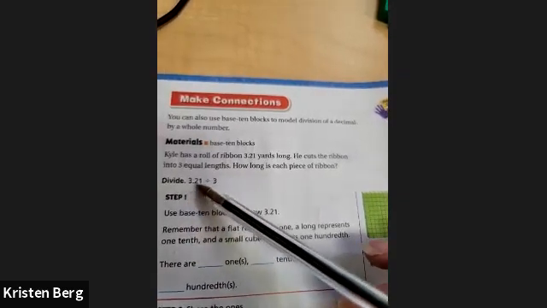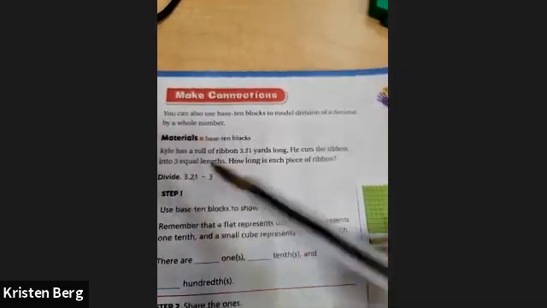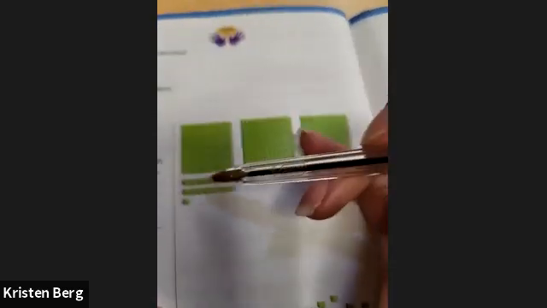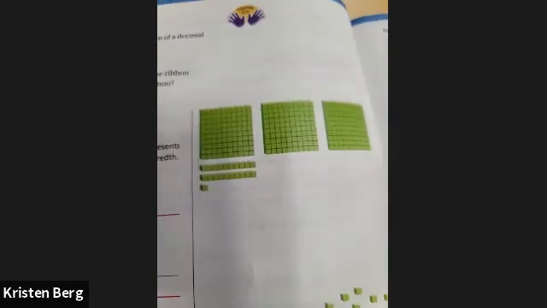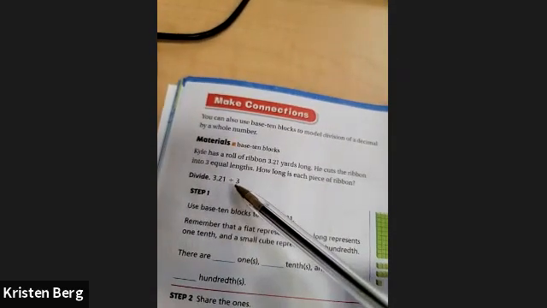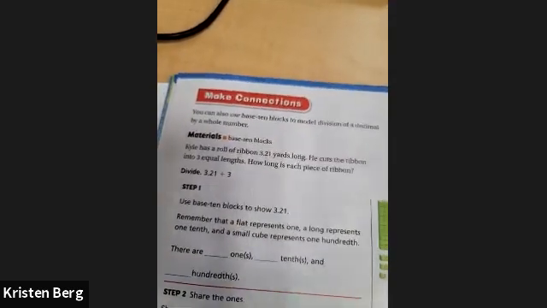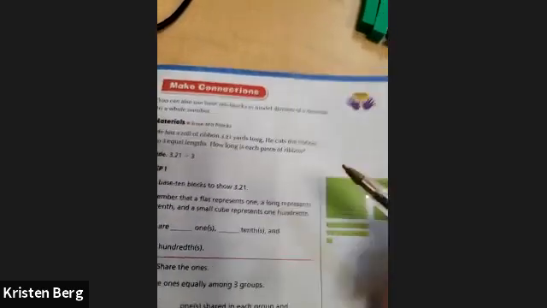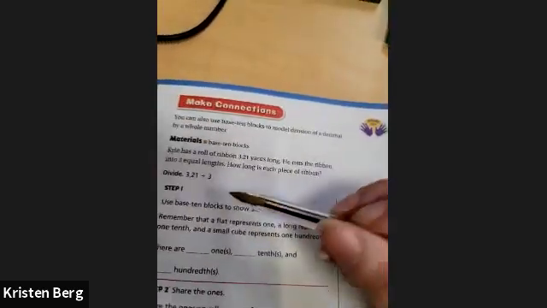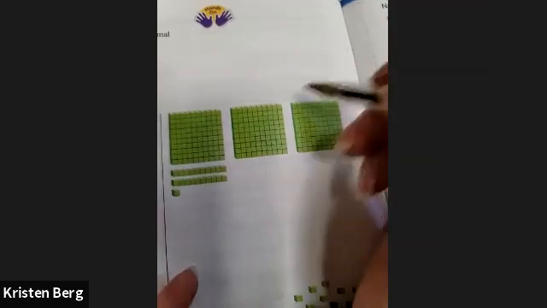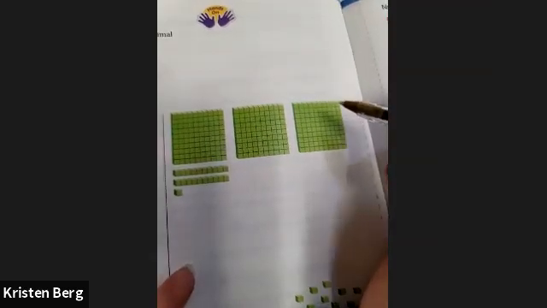You can write out 3 21/100 as a model. That means 3 wholes, 2 longs, and 1/100. Now they said that we're going to be splitting this up into 3s. So when you are splitting this 3 ways, is it possible to share? Do we have enough for each whole to be in 3 different groups?